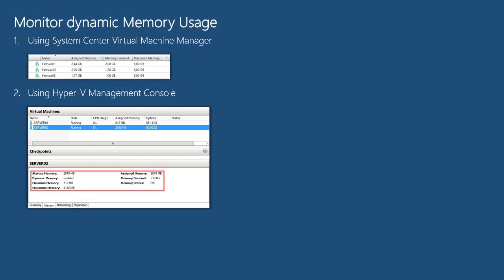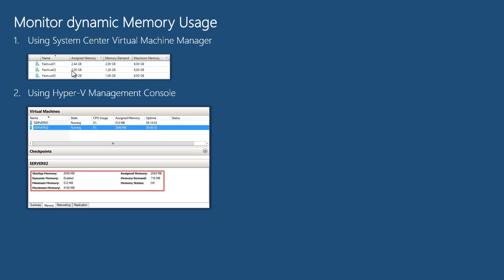It is also important that you monitor dynamic memory in Hyper-V, and there are quite a few ways to do that. Using System Center Virtual Machine Manager, SCVMM gives the most complete view of the dynamic RAM picture. In this picture, you can see that there are varying amounts of RAM assigned to the 3 virtual machines. FastView 01 is currently demanding 2 GB of RAM.